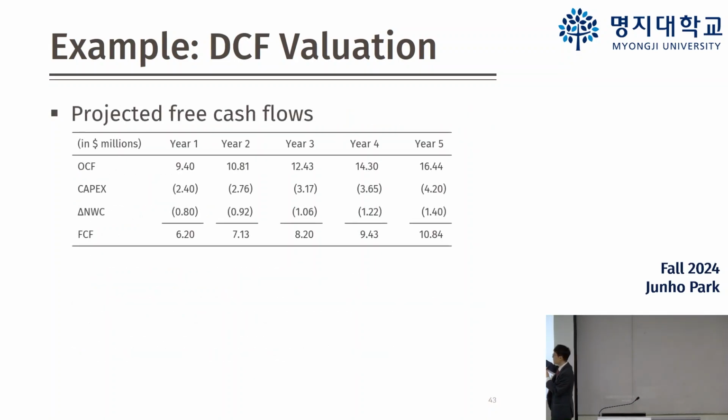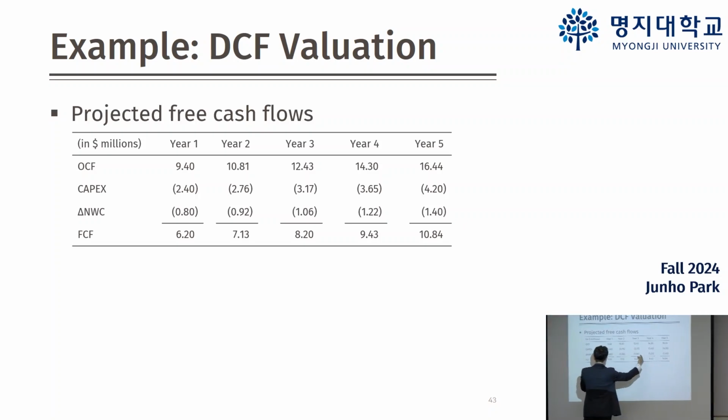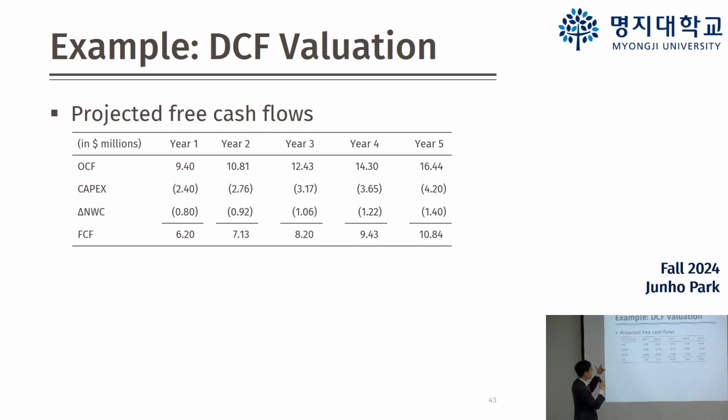So based on the information provided, we can have the pro forma, or projected calculation, of the free cash flows each year. And we have operating cash flow, capital expenditure, and change in net working capital. And by aggregating these three components, we can get the free cash flow each year, which are 6.2, 7.1, 8.2, 9.4, and 10.8.